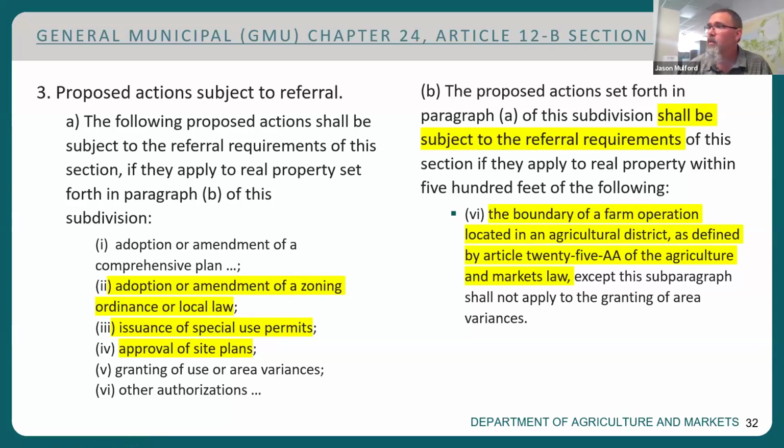So the proposed action, if it impacts a county, say, county park, county highway, etc. Well, a locally certified ag district is a county action. So this is where the county has an interest. And so on behalf of the county, they have that opportunity to advise the local municipality on such plans, the review of site plans.